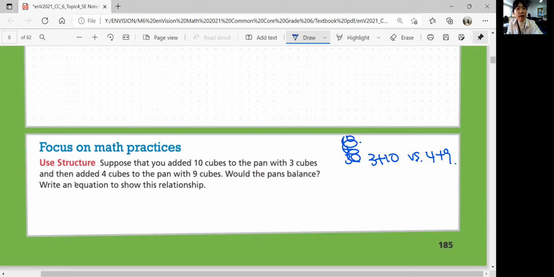Will the pans balance? In other words, do they equal each other? Well, we got 13 here and we got 13 here. So are they equal? Yes. So yes, you can say 10 plus 3 is equal to 4 plus 9. That is an equation.